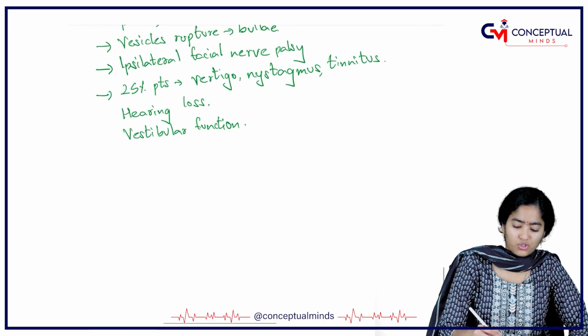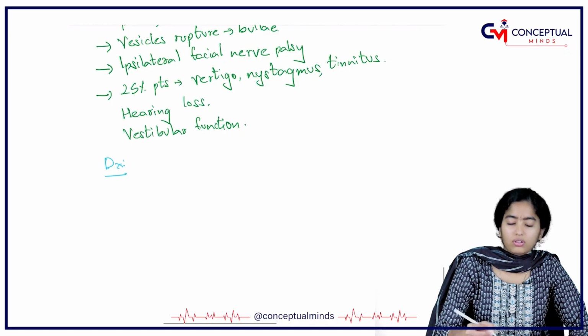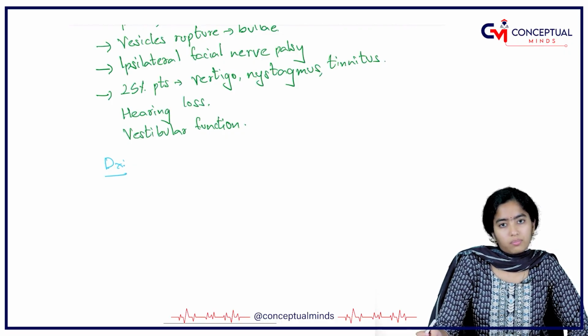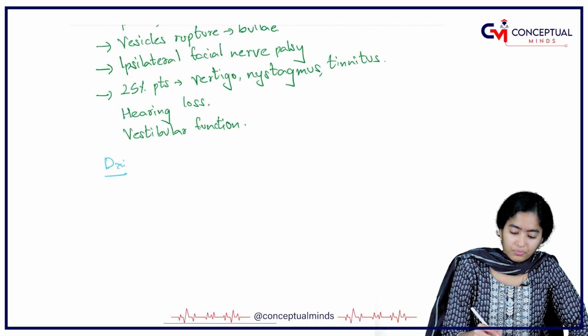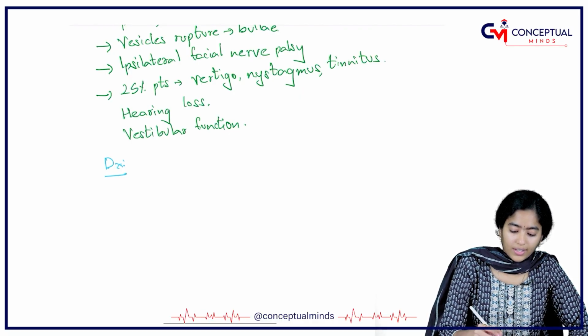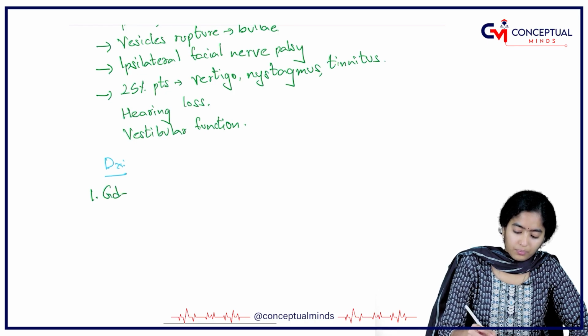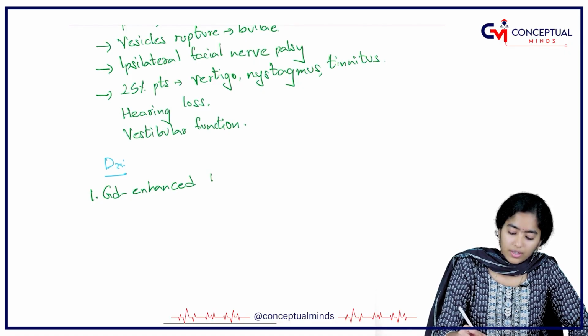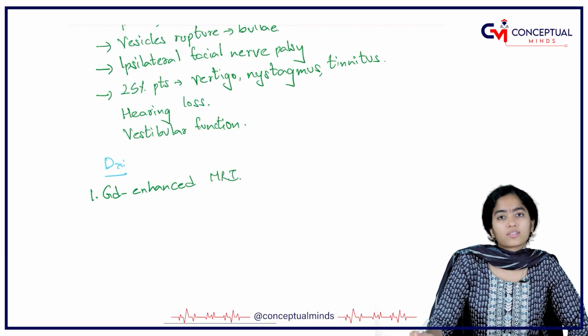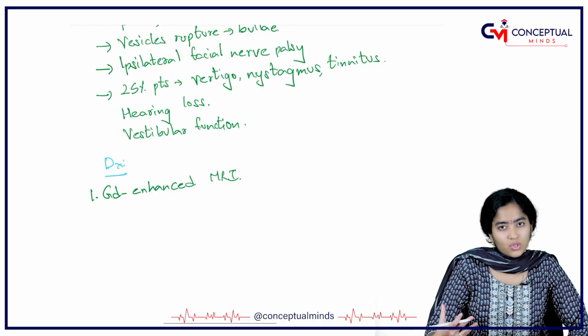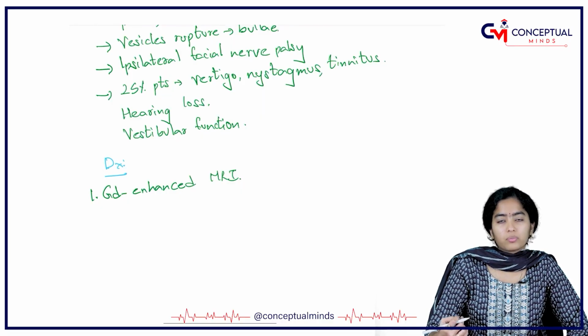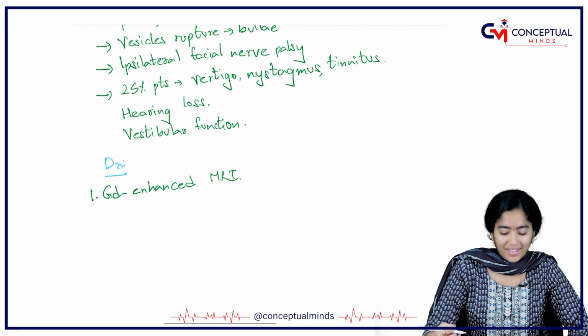Next, let us look into how we diagnose the case. Generally, clinical features are enough to understand that it is a case of herpes zoster Oticus, but still, we can perform a gadolinium enhanced MRI. Gadolinium provides contrast to the MRI. It improves the contrast, always improves the quality of the image, facilitates us to see better.